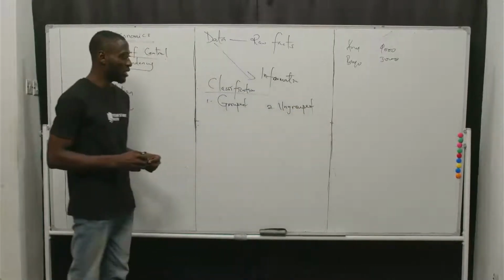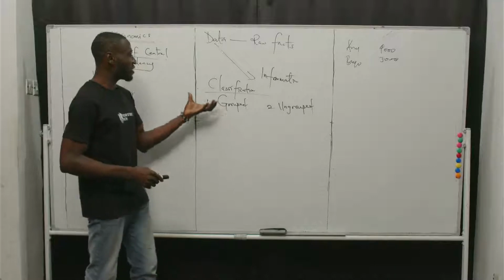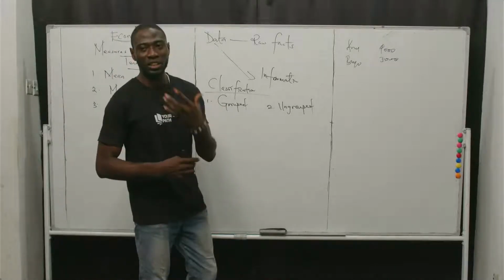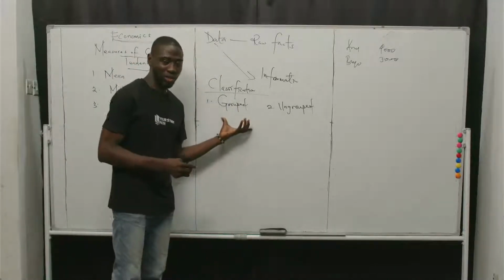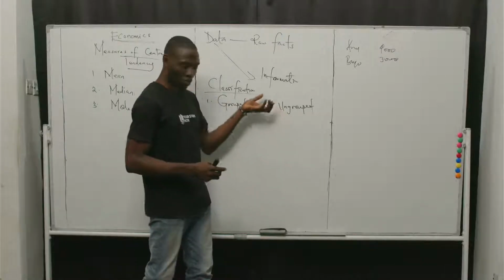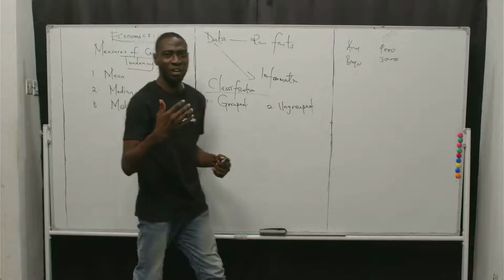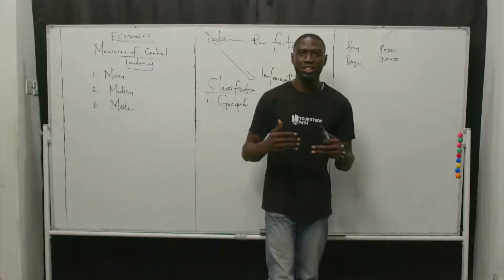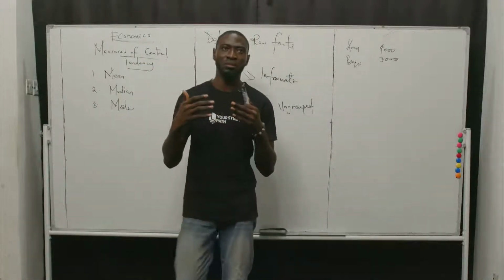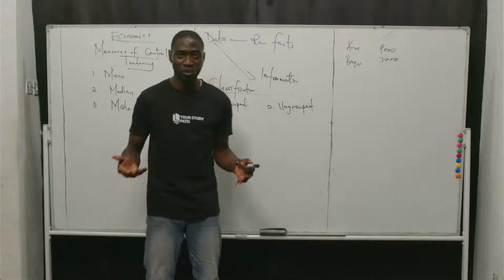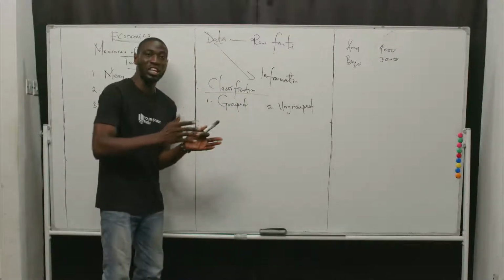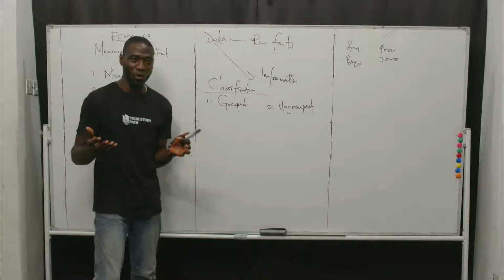So if a particular data set is grouped, and you can have some that are ungrouped. The one that is grouped has series of ways through which you can solve questions on them, or ways through which those data can be presented. Hope you are following.